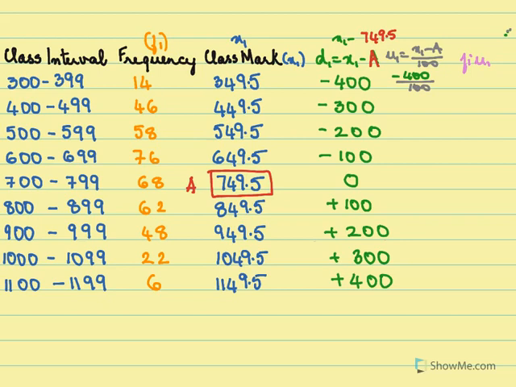In the next, your DI is minus 300, and we divide it by 100 to give us minus 3. Next, the DI is minus 200. We divide by 100 to give us minus 2.